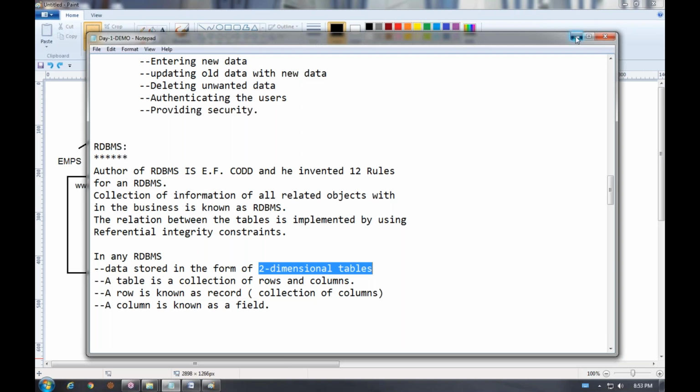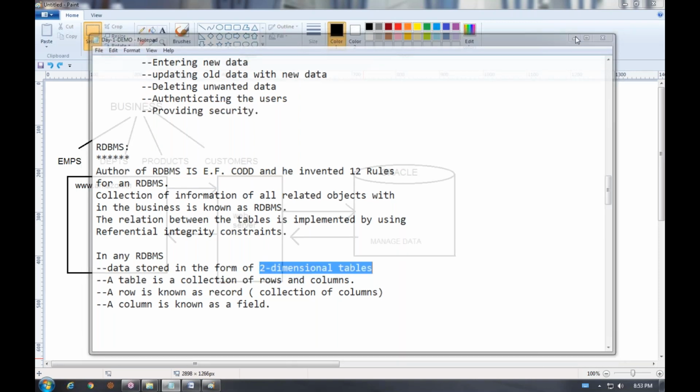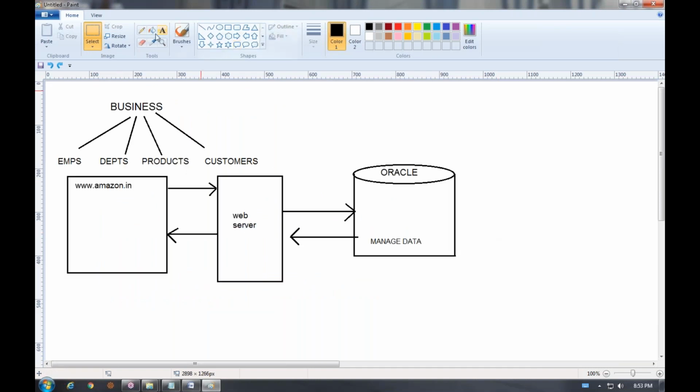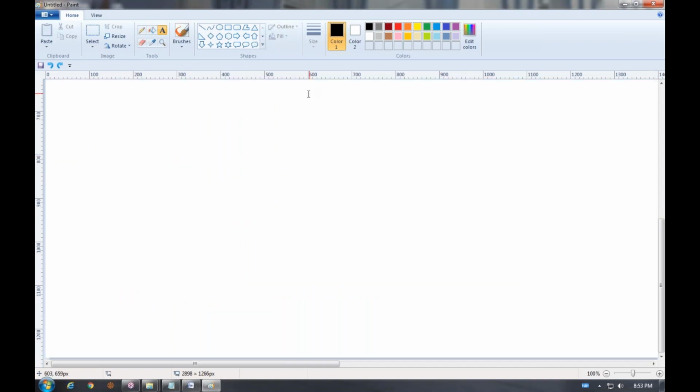Let me consider some tables. To store employees' information, we need one table, and to store departments' information, we need one table. So total two tables I am considering here. Listen carefully.